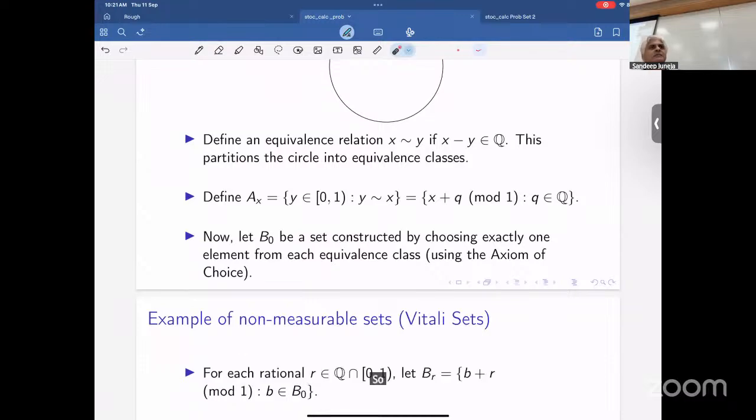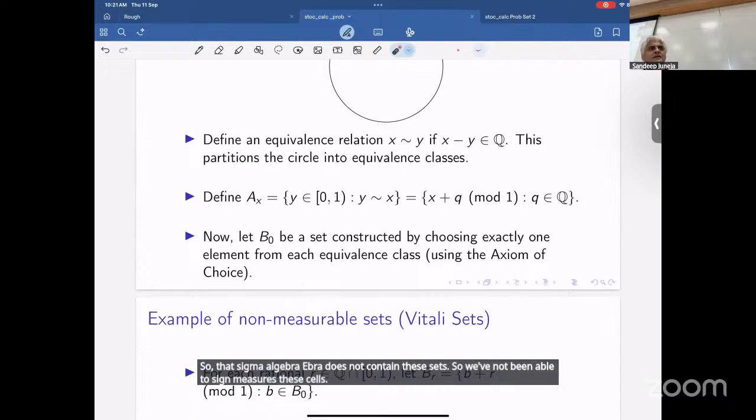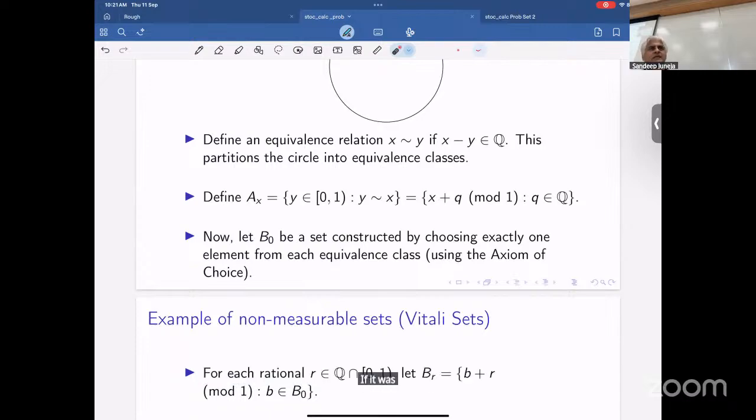That sigma algebra does not contain these sets. So we've not been able to assign measure to these sets. If it was in that sigma algebra, we'd have no problems. And there's a vast theory of these kinds of sets, but we won't talk about that right now.